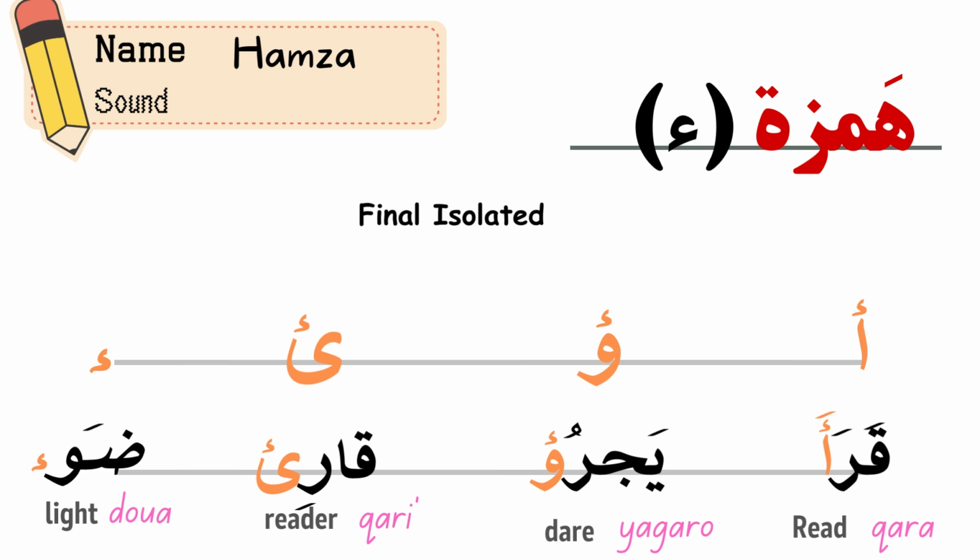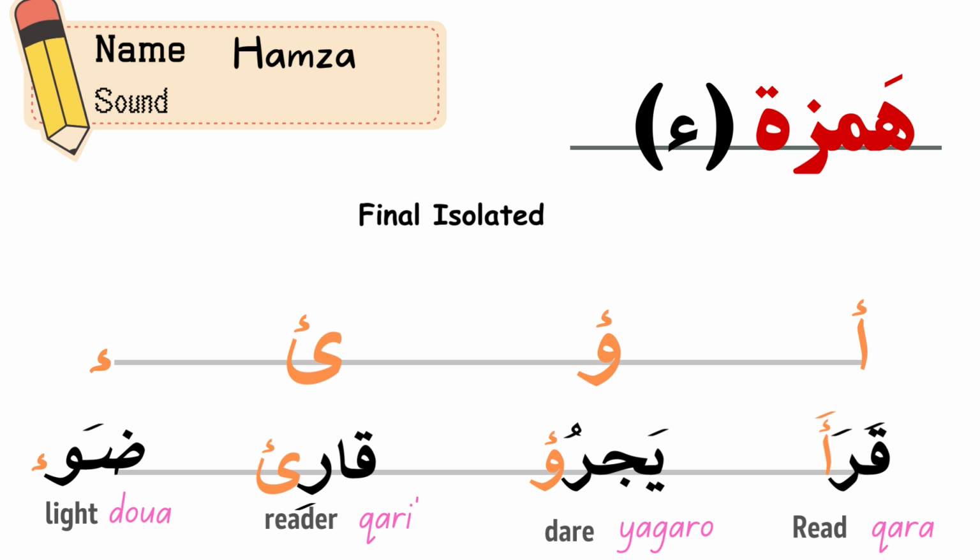And there are four shapes of the hamza as a final form isolated. The hamza on alif, the hamza on wow, the hamza on the broken alif, and the isolated hamza or the original form of the hamza. Word قرأ. قرأ shows the hamza in the final form isolated on alif.